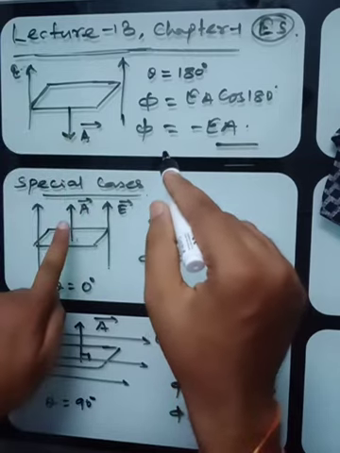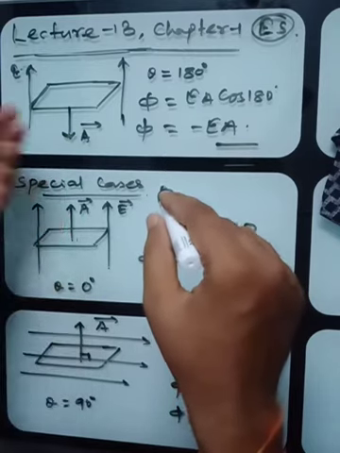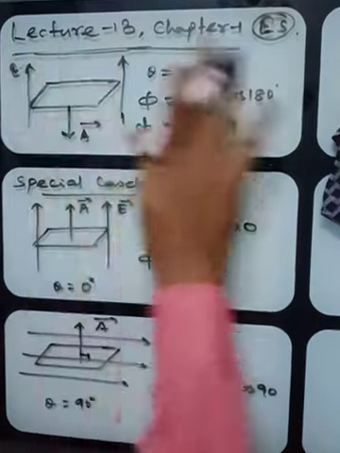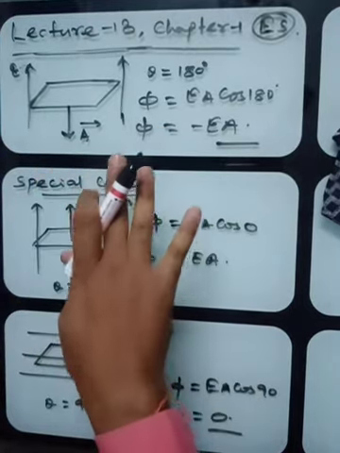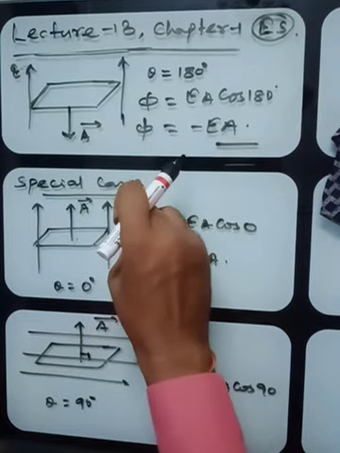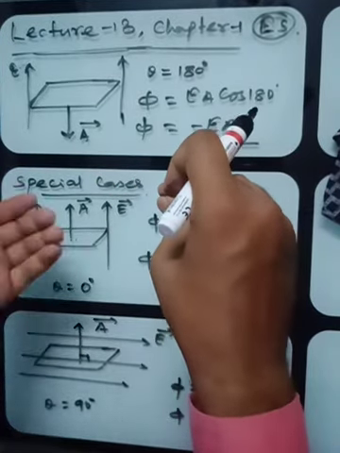If the surface area is over, then we start the flux from outside. Suppose you are sitting inside the room and this is the wall of your room, then you must be able to see this wall, not the wall behind this one, and the area vector will be in this way, and the electric field is coming from downward, then of course the electric field is coming towards you, that is parallel to the area vector.